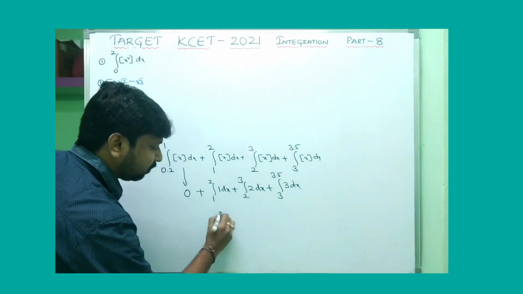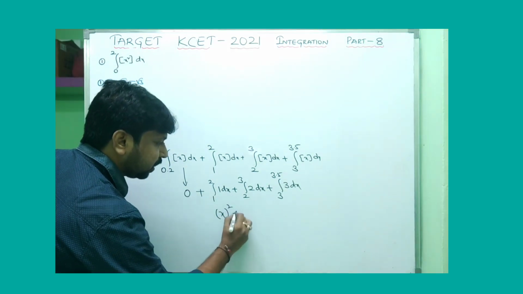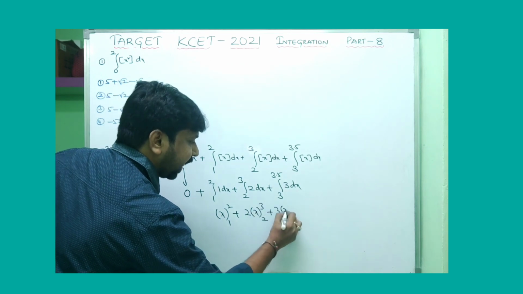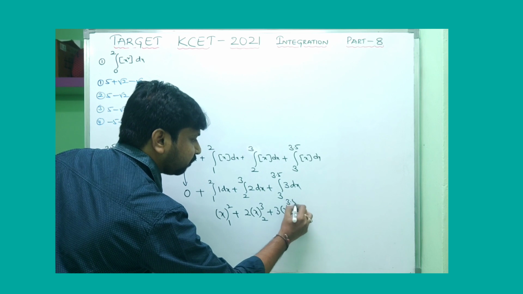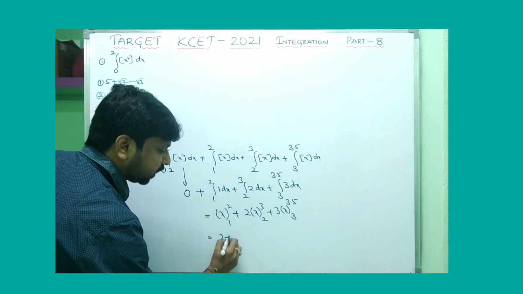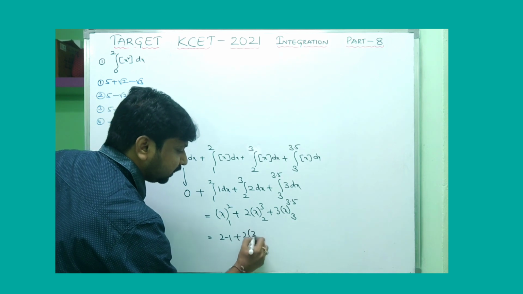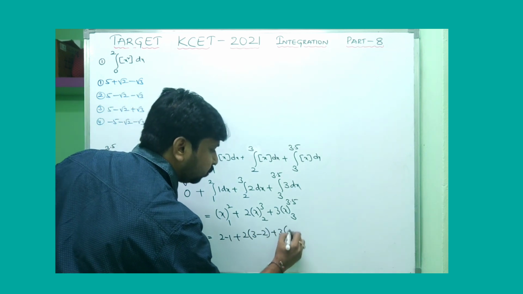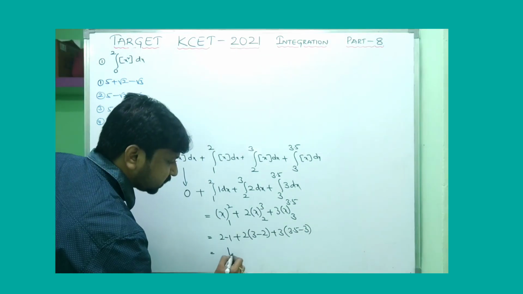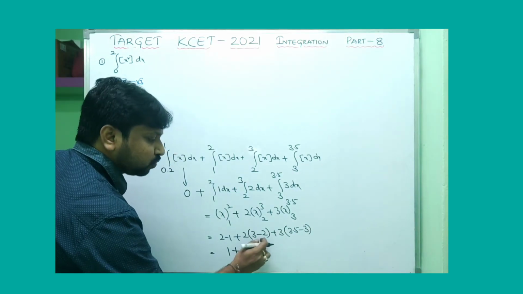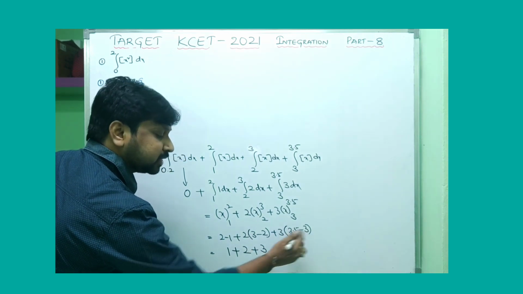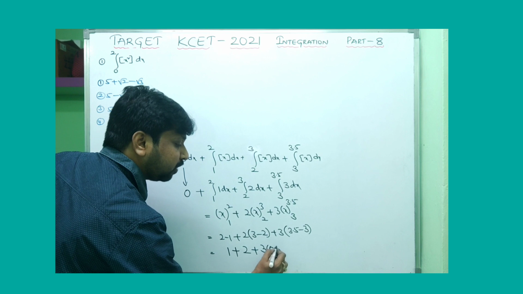Then this can be written as integral 1 dx, x between 1 to 2, plus 2 outside, x between 2 to 3, plus 3 outside, x between 3 to 3.5. This is upper limit minus lower limit: 2 minus 1, plus 2 into 3 minus 2, plus 3 into 3.5 minus 3. That is 1, plus 1 into 2, which is 2, plus 3 into 3.5 minus 3, that is 0.5.